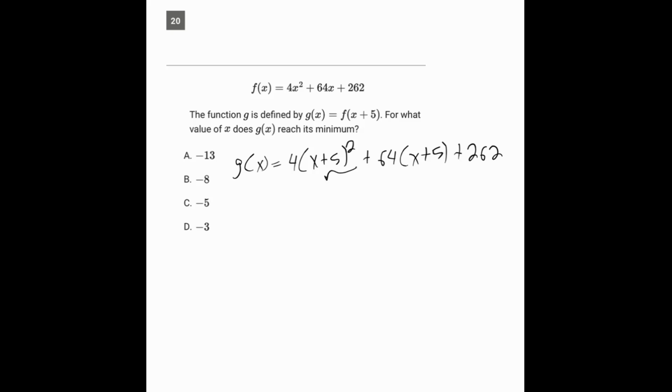So x plus 5 all squared, that's x plus 5 times x plus 5. And if we're foiling that out, x times x is x squared, and x times 5 is 5x right there.